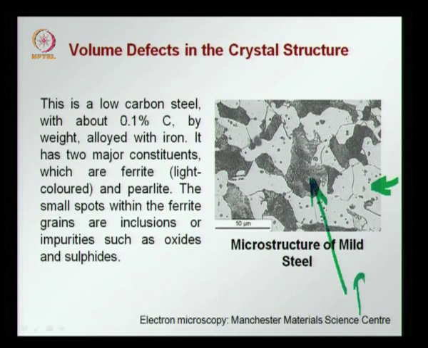So this is pearlite and this is ferrite. So this forms the bulk of the material. However, you have small inclusions here, these spots here. These spots are impurities which are now included outside of the individual crystal lattices, which could be oxides or sulfides. So this is also another type of volume defect introduced in the material.